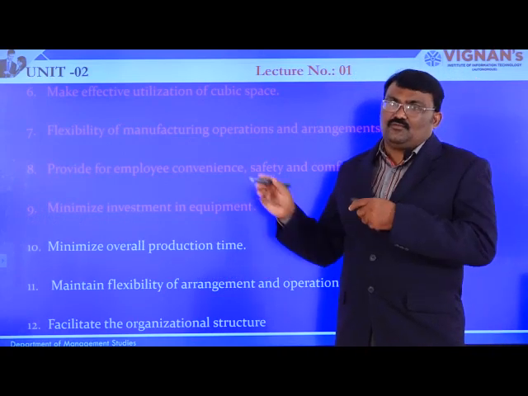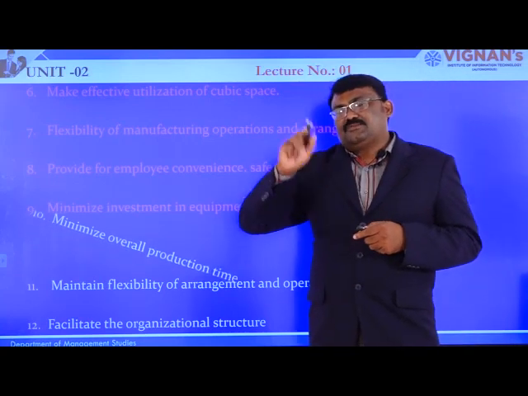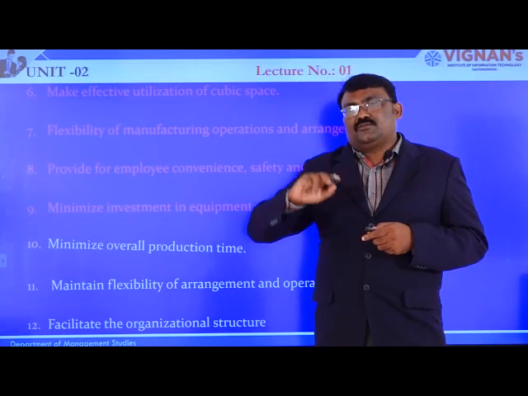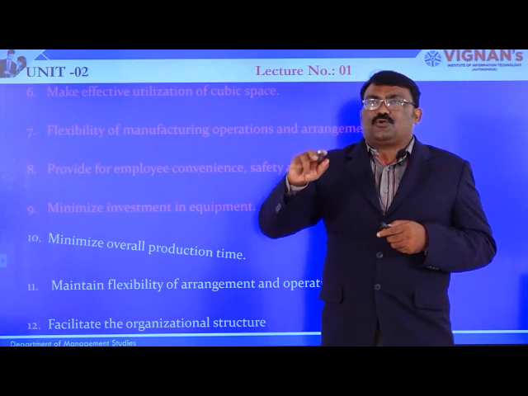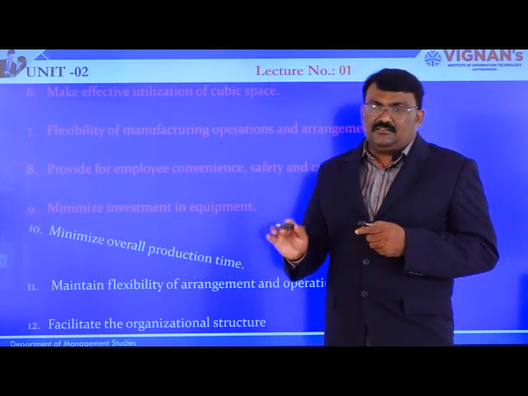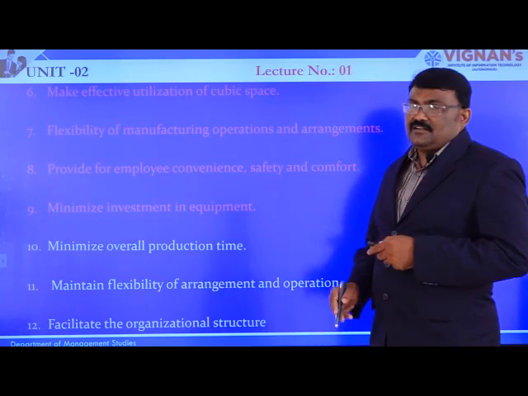That is what the objective states. That means the layout should be established so that production of the product takes the least possible time. That is what we call minimum overall production time.